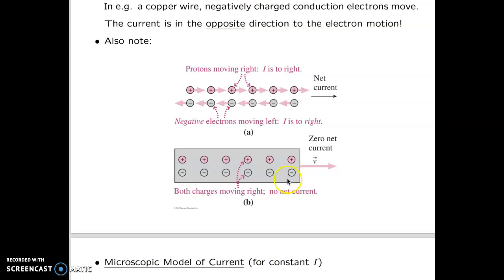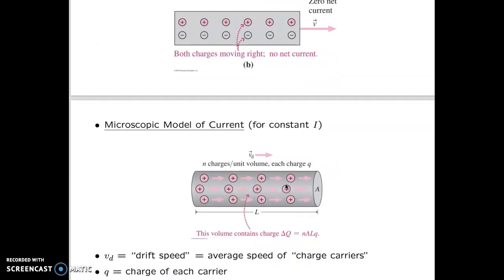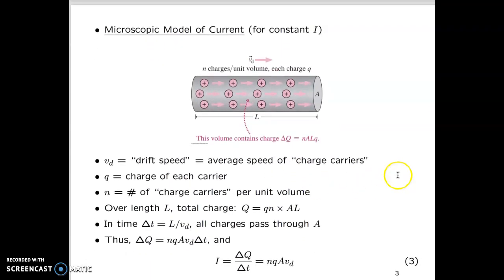But if these negative charges in this picture are not moving relative to the positive charges, then moving that block of material to the right or the left or up or down means there will be no net current. But obviously we know that there are electric currents that move through materials.